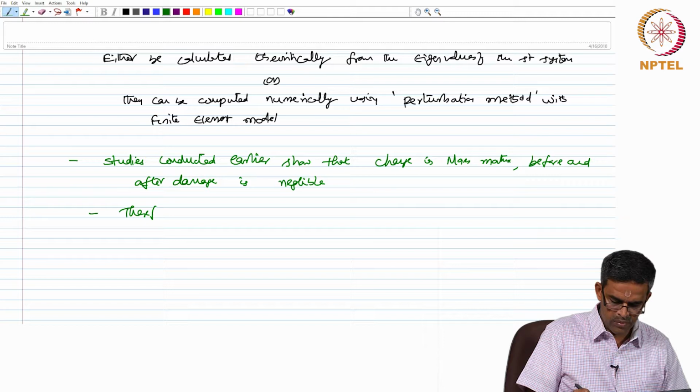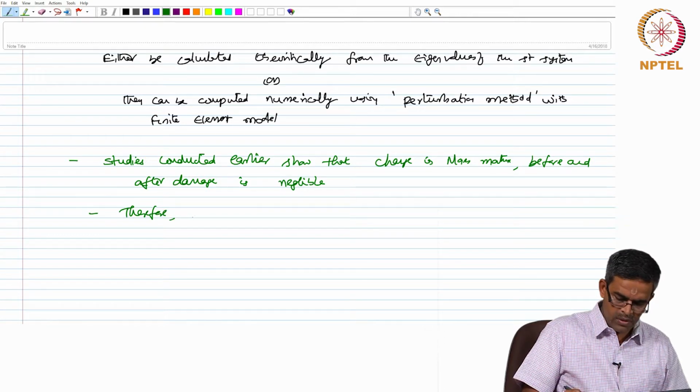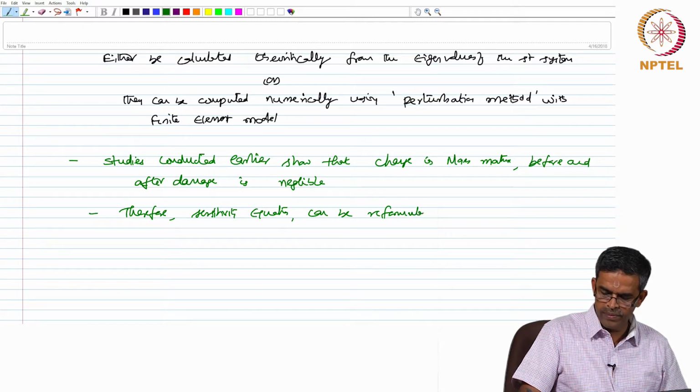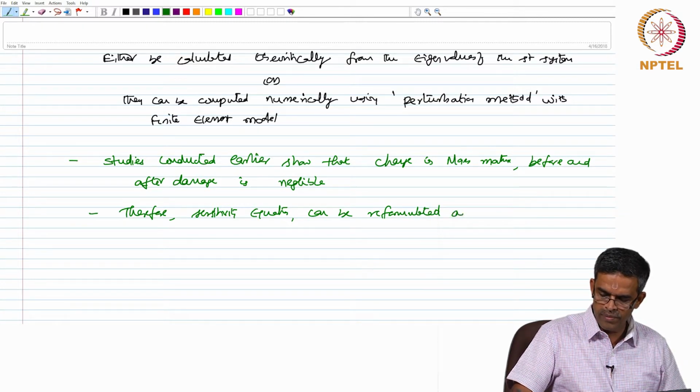Therefore, the sensitivity equation can be reformulated as below.